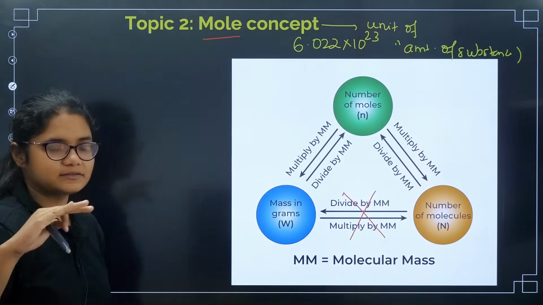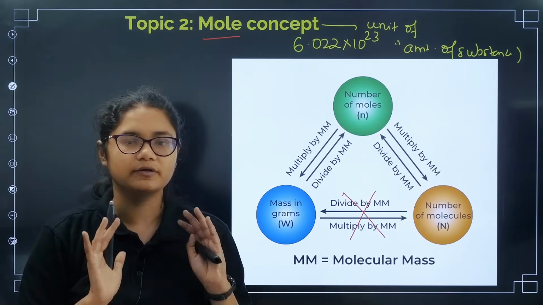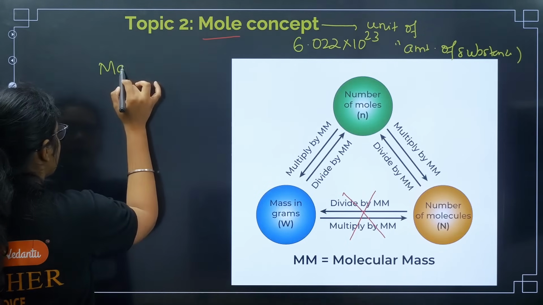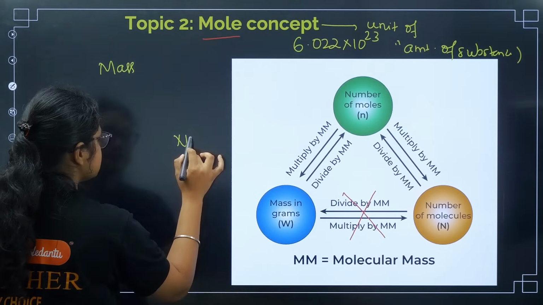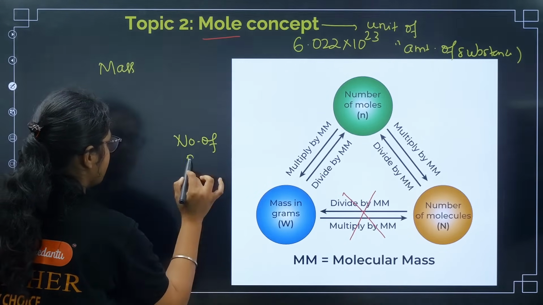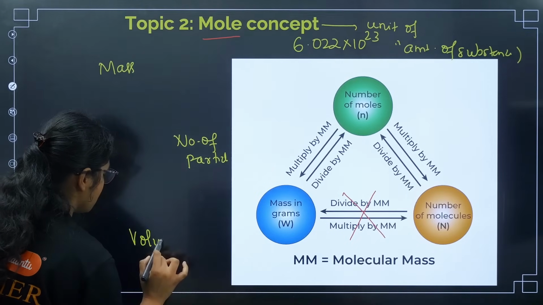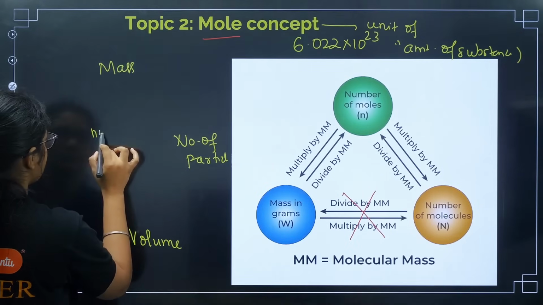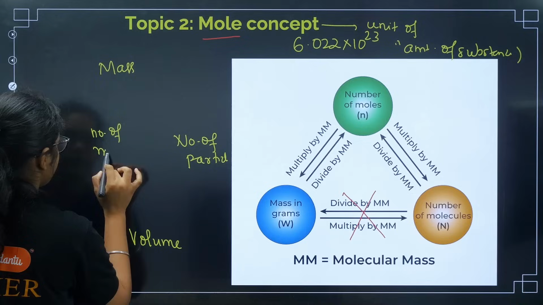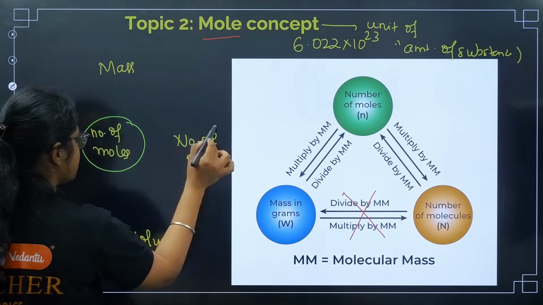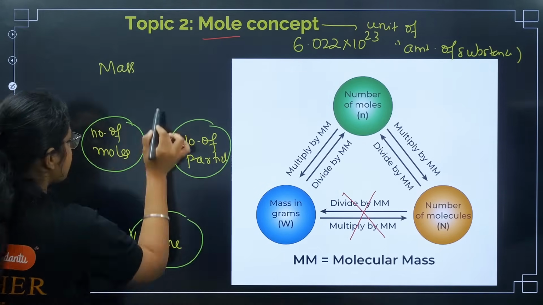There are four ways of representing the amount of substance. One is your mass, another is your number of particles, then another is volume, and the fourth one is number of moles. These are the 4 ways by which we can represent the amount of substance.